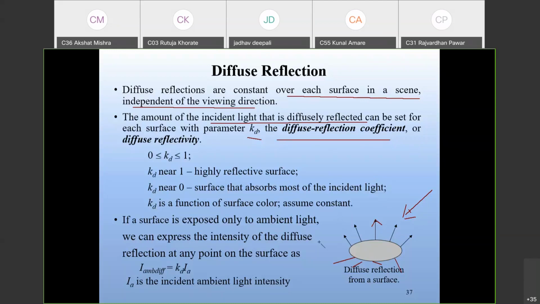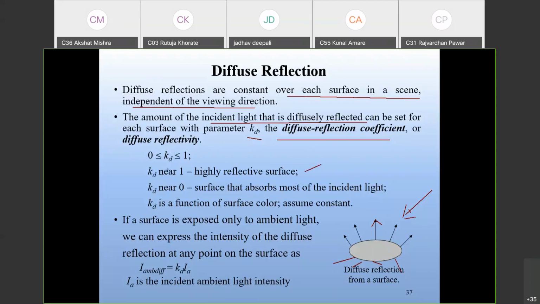Now this Kd is always greater than or equal to 0 and less than or equal to 1. What is the effect on the viewer when it is 1 and when it is 0? Kd near 1 means a highly reflective surface, high reflection.